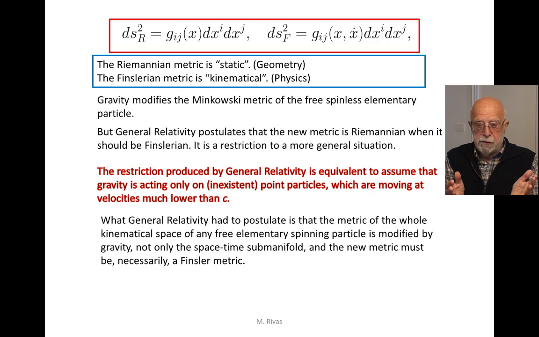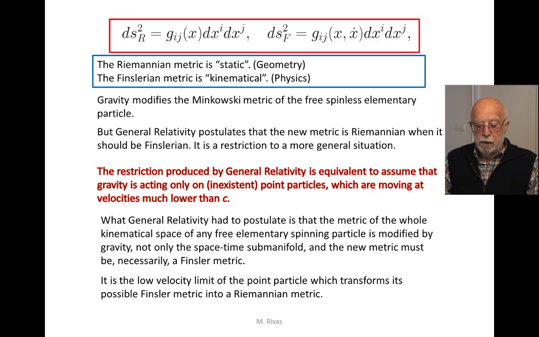But not only the spacetime submanifold, and that the new metric has to be necessarily a Finsler metric. We have to make a revision of the foundations of general relativity. General relativity has to be redefined in order to construct Finsler metrics from the general first principles.